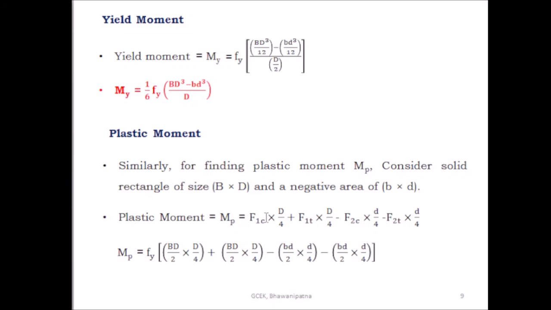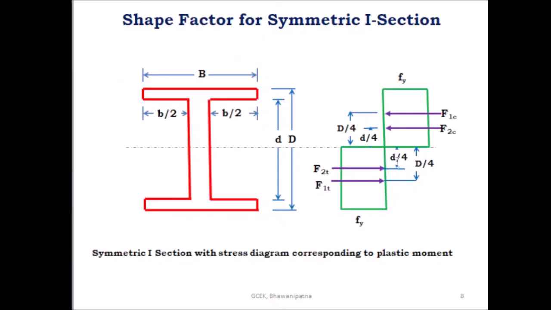Then after putting the values, F1C is equal to the area into the yield stress, because here the yield stress is constant. What is the area of this portion? This is half of the solid rectangular portion above the plastic neutral axis, B into D by 2.